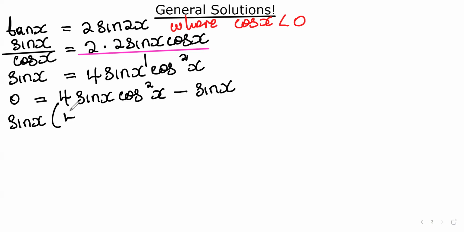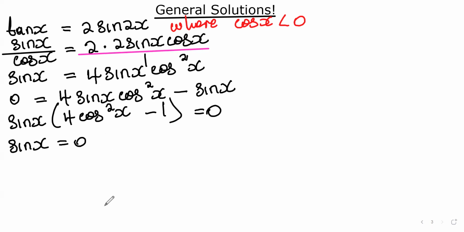If we take it out from the first term, we are left with 4 cos squared x. And from the second term, of course, we are left with 0. And according to the zero factor law, we have sine x equal to 0. We also have 4 cos squared x minus 1, which is equal to 0.